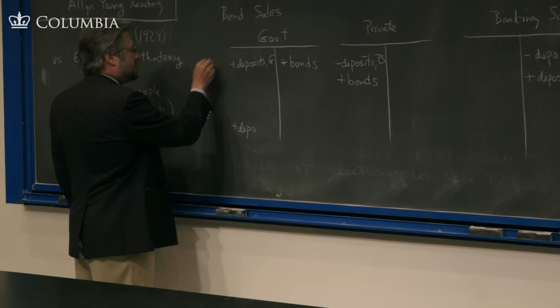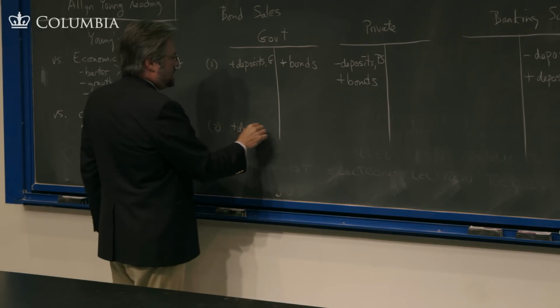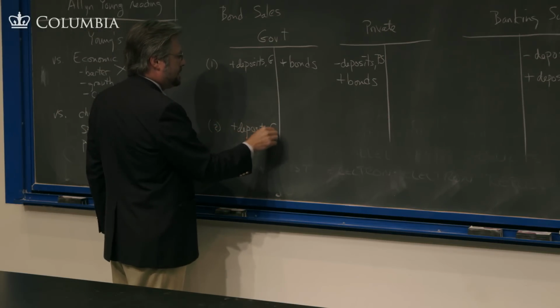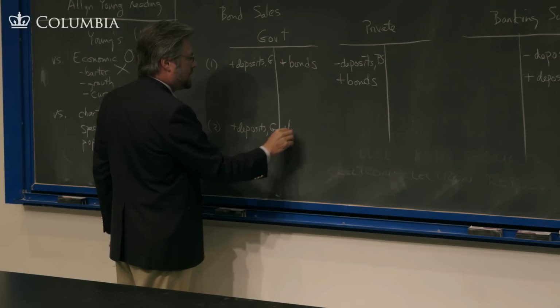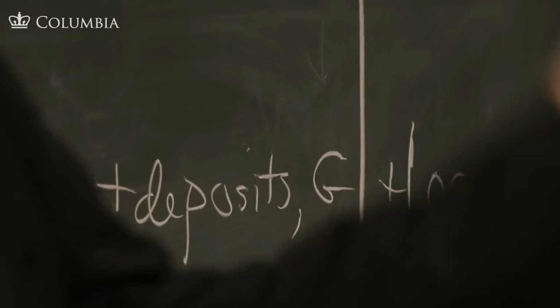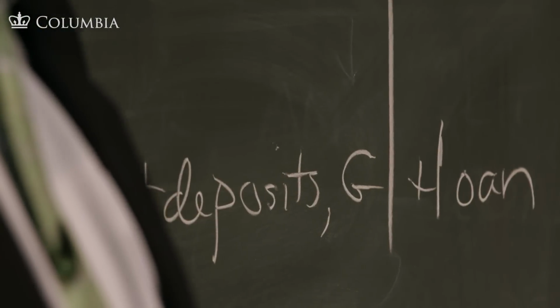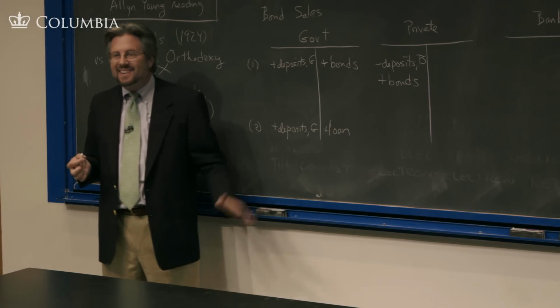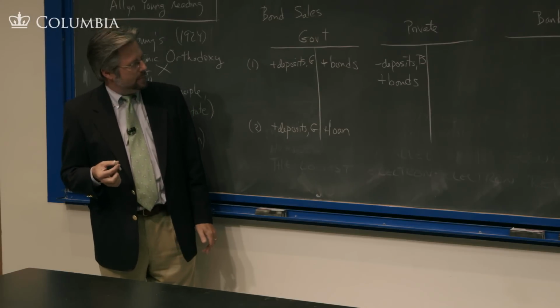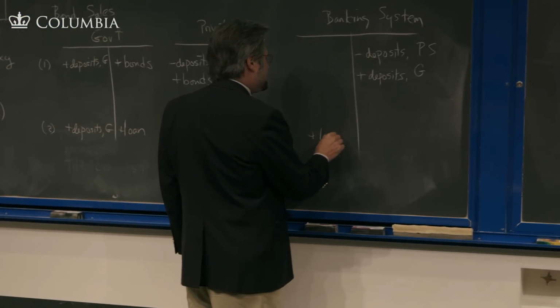So let's say this is version 1, this is version 2, plus deposits, plus bonds. Well, here we'll say a loan instead. But a loan is sort of like a bond. It's a promise to pay at some future date, but it's not a security. It's not something that's saleable in the open capital market, and it's just borrowing directly from the banking system.